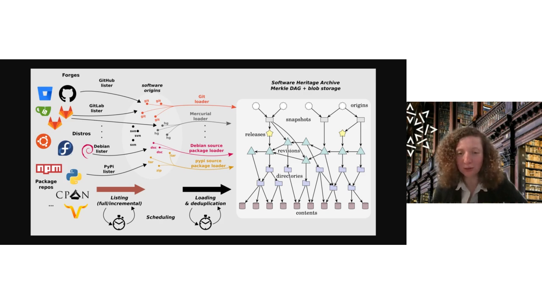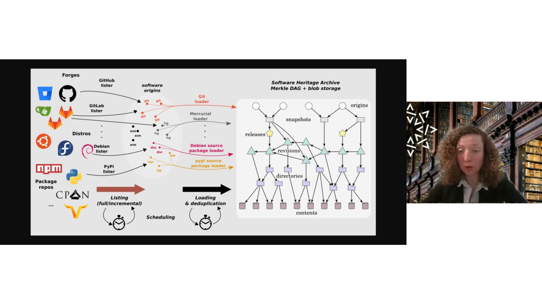What happens in Software Heritage is we have two operations. One, listing all the software that's out there, and the other one loading all the software out there with a specific type of tool that's called a loader.